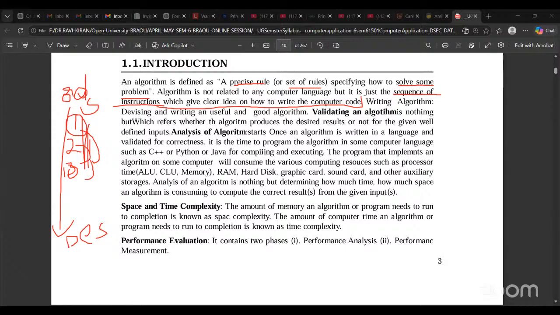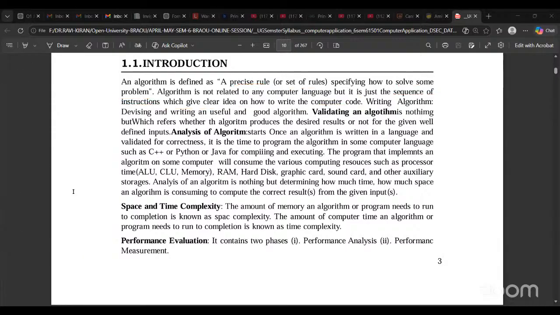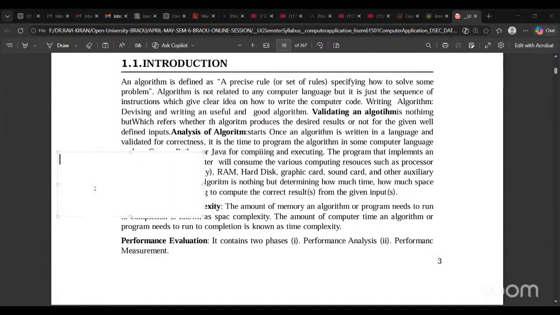The support of one programming language.